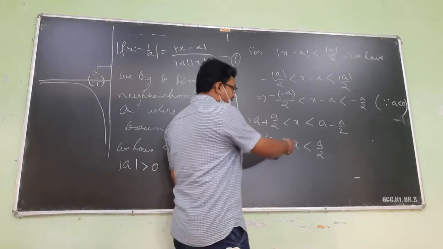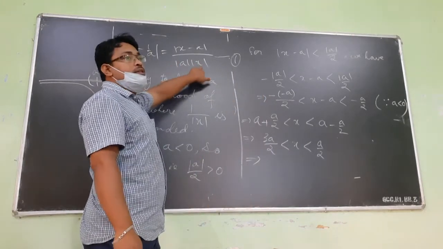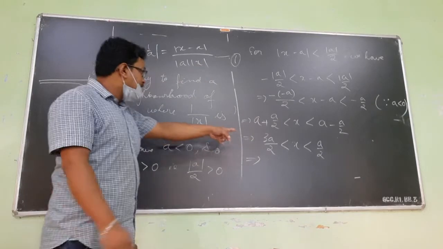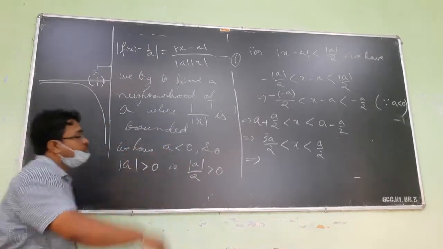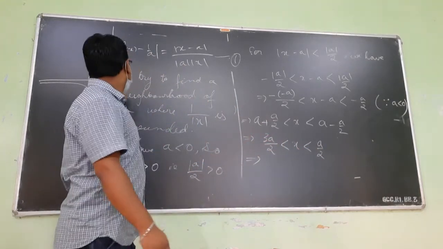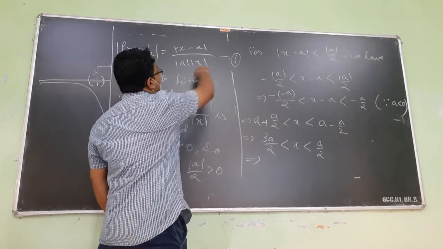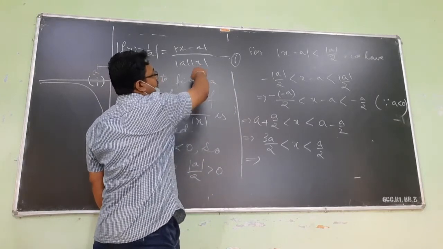So we have this. So x lies between these two. But I want to find out the bound for mod x. So x lies between two negative quantities. A by 2, 3a by 2, all these are negative quantities because a is less than 0 here. But what is mod x? For x negative, mod x is minus x.